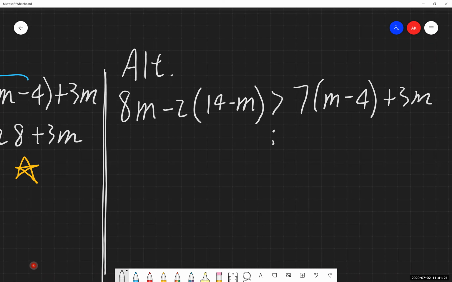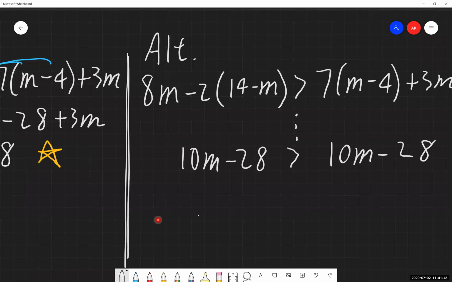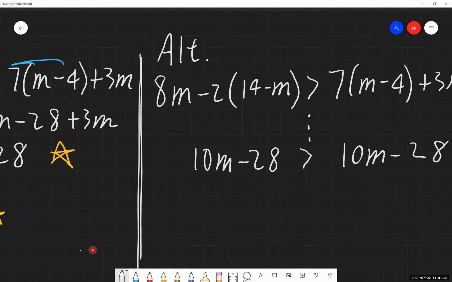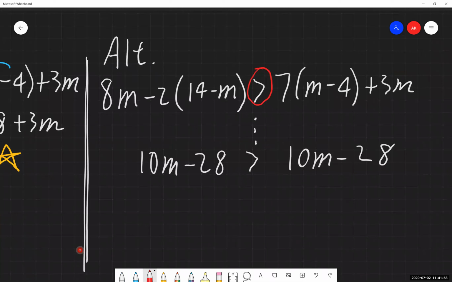If we went through our steps, we're going to find that we get to 10m minus 28 is greater than 10m minus 28. As we're seeing here, the only thing that's changed is the inequality in the middle. Instead of greater than or equal to, we just have greater than in our alternative example.